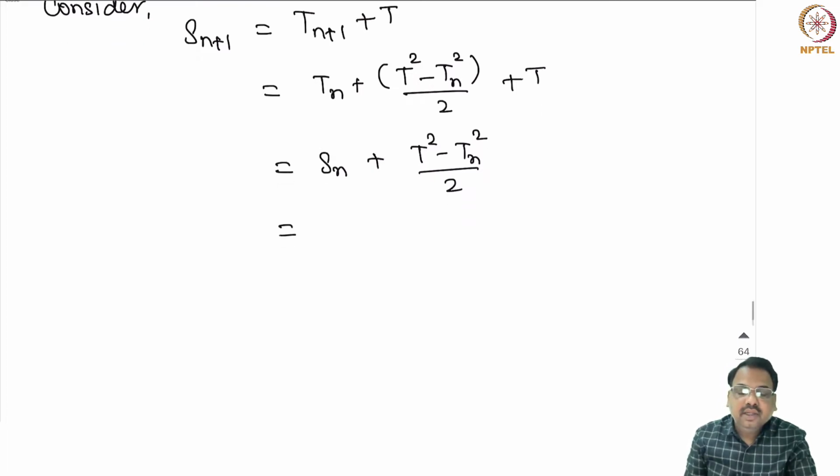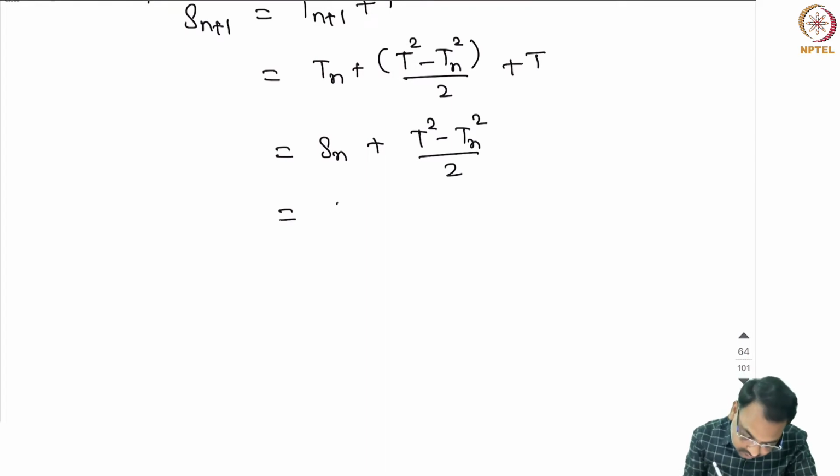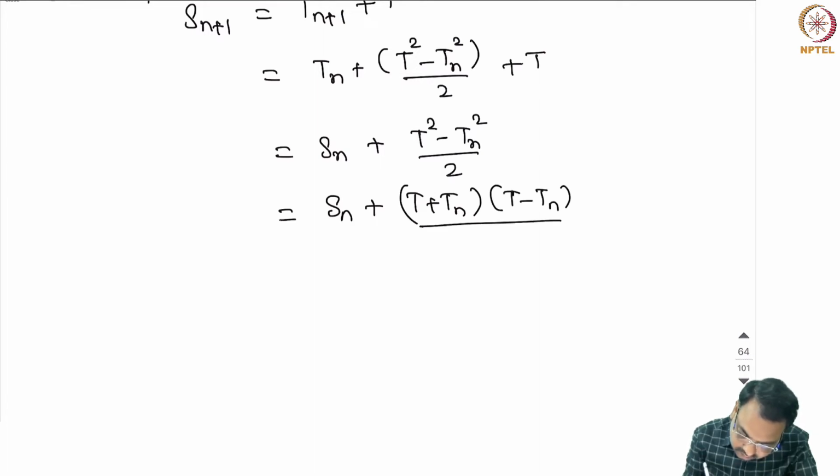So for the time being, let us assume that T and Tn are commuting, so we can write T plus Tn into T minus Tn by 2, if Tn commutes with T for every n.